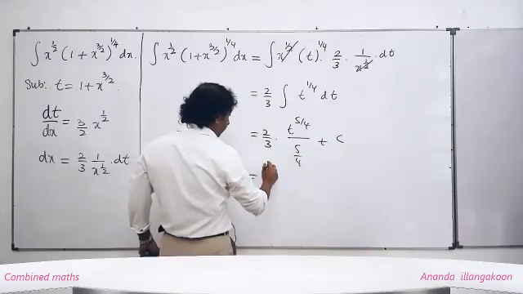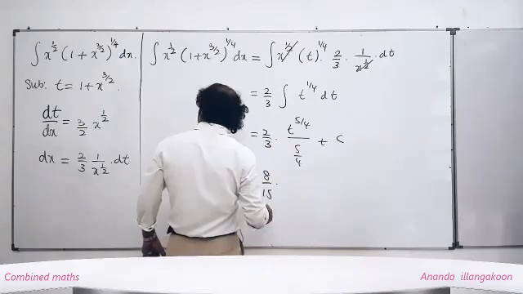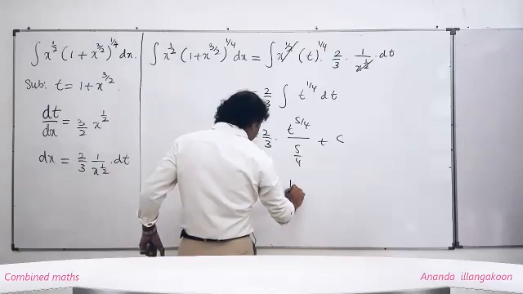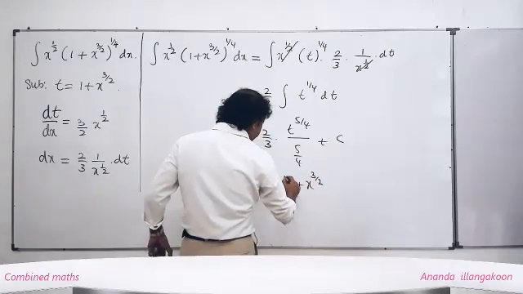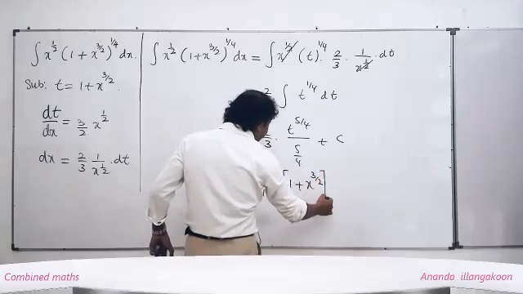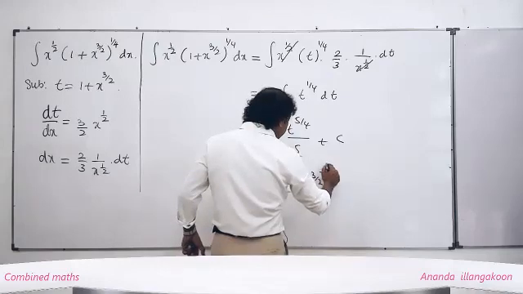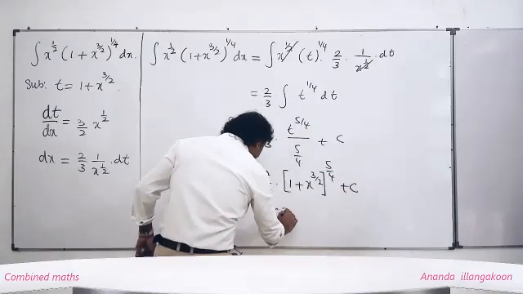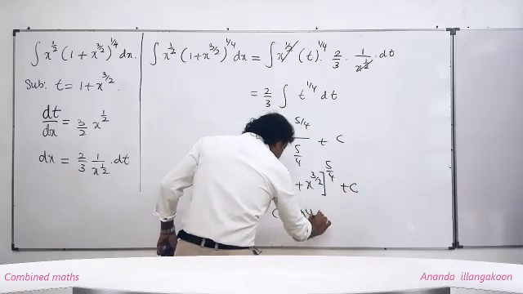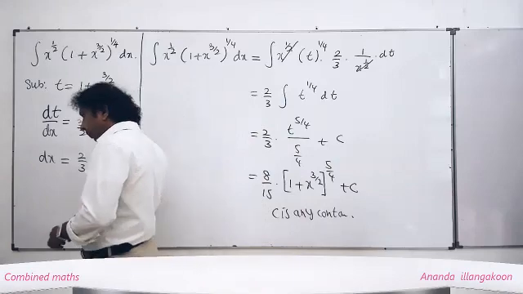Then we get 8 by 15, where t is 1 plus x power 3 by 2, to the power 5 by 4 plus c. C is any constant. This is how we take that.